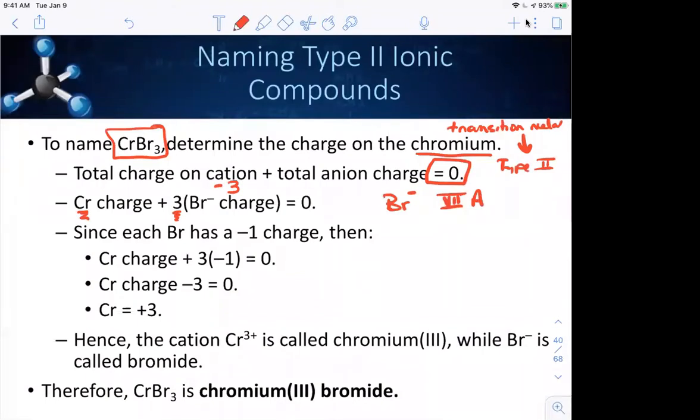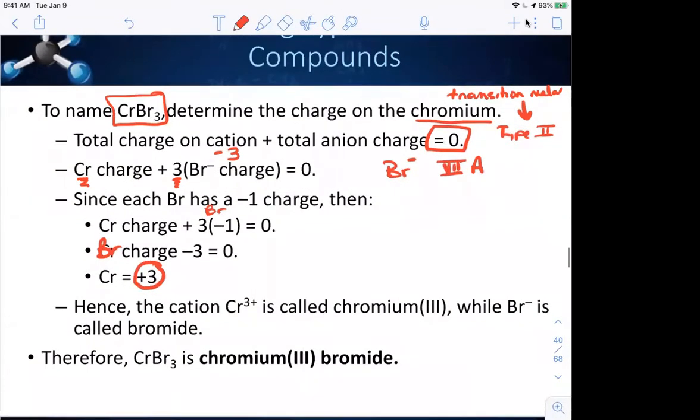I only have 1 chromium, so my chromium has to be +3. So this is called chromium(III) bromide. The name is going to be chromium, parenthesis, Roman numeral 3, close parenthesis, space, bromide.